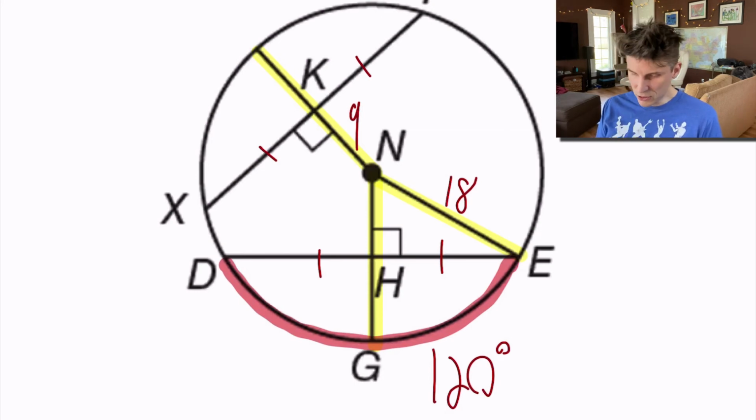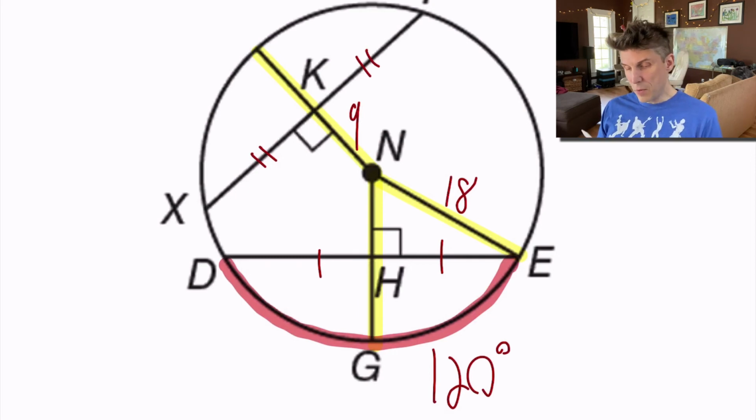Now it's a little bit presumptuous for me to say that the two chords are the same, because I don't really know that yet. So if you notice, I gave XK and KY their own congruency marks. They are congruent to each other, but I am fairly confident that XY and DE, those chords, are the same, but we're not sure yet.